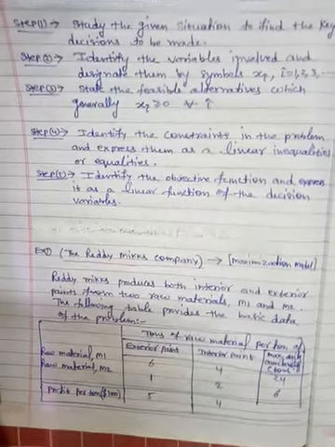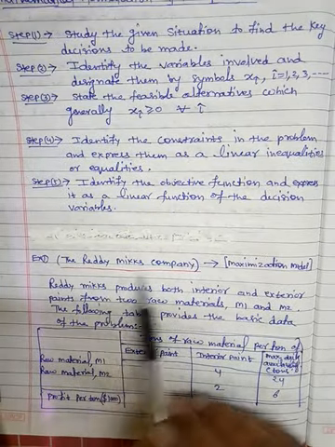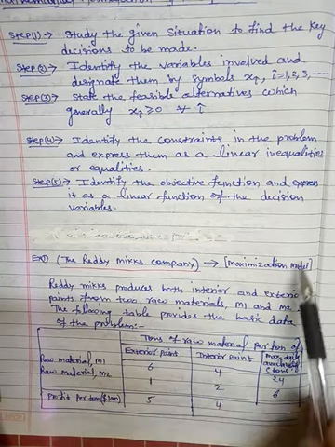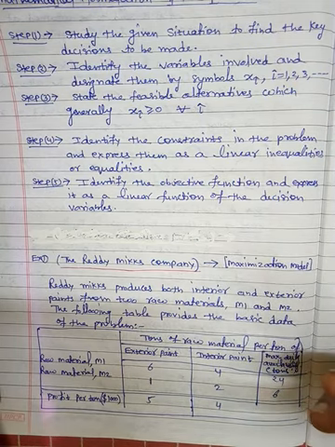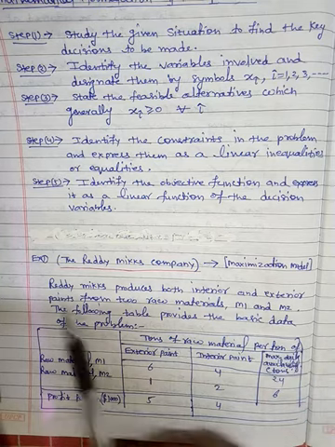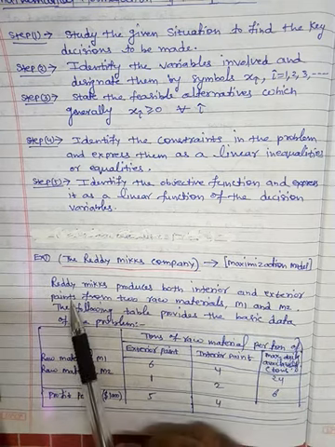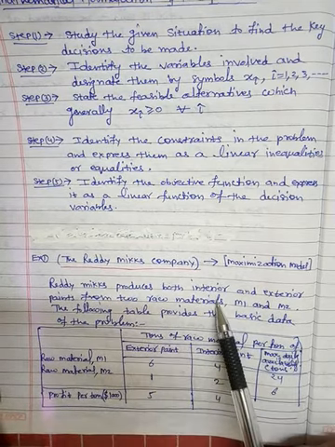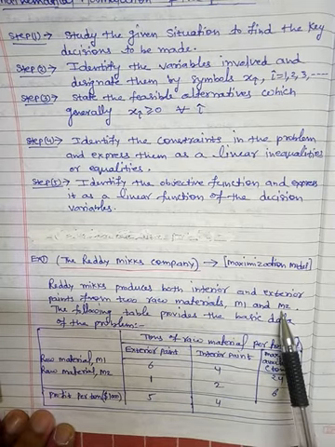Let's see a very famous problem, the ready mix company problem, and this problem is basically a maximization model. Here we have to maximize our objective function. Let's see the problem. Ready mix produces both interior and exterior paints from 2 raw materials denoted by M1 and M2.